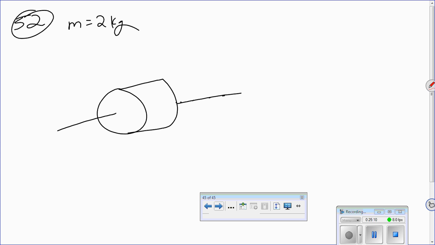All right, so here we go. So F1 is 6 newtons. F2 is 4 newtons.